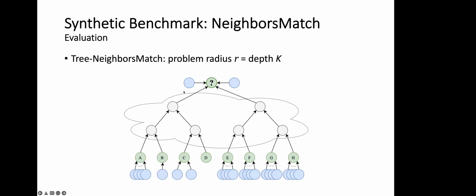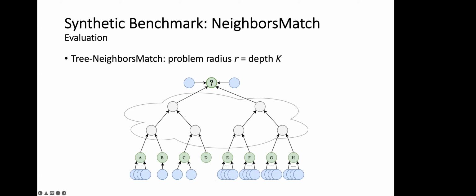So we can see the example figures here. The paper converts the neighbors match problem to be represented as a binary tree, where the depth of this tree is k and the problem's radius is r. In this case, we can see the problem radius r equals the depth of the tree k.